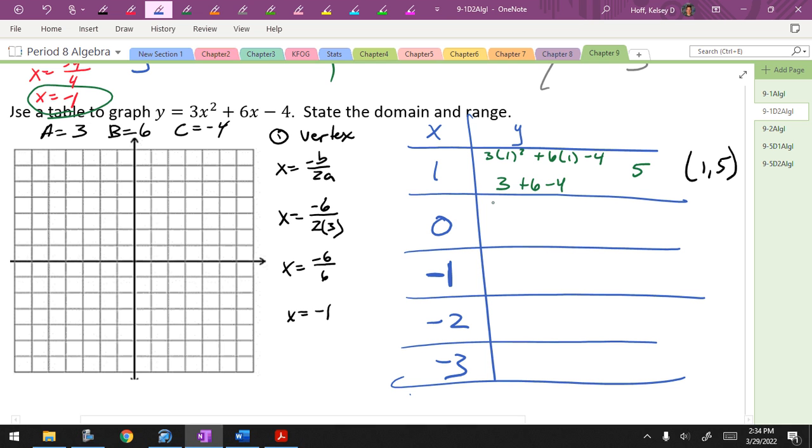So now I'm putting in 0. Probably don't have to show any work on this one. What is it? Negative 4. So our point was 0, negative 4. Now we're going to plug in negative 1.